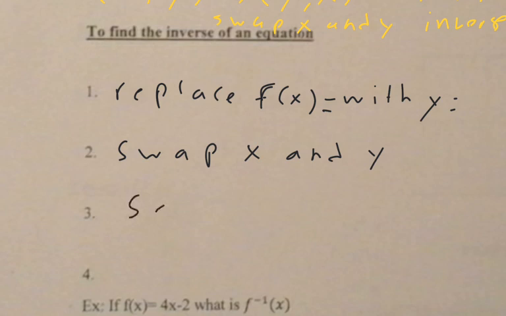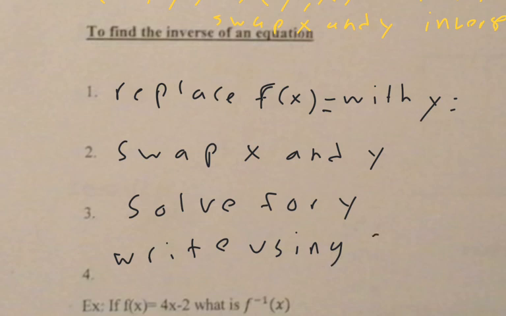Our third step is to solve for y. And finally, our fourth step is to replace it back with the inverse notation. So write using our inverse notation, which is f inverse of x.